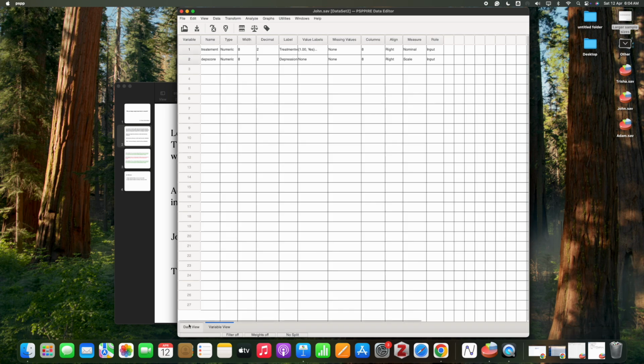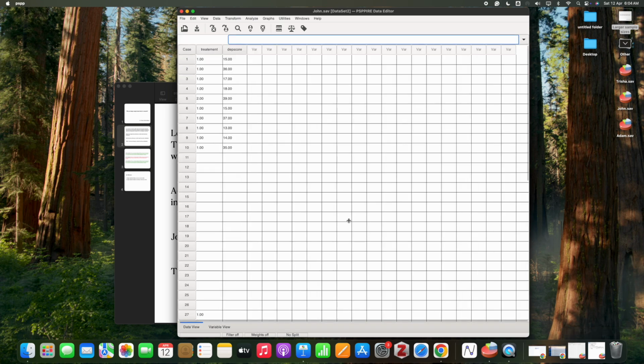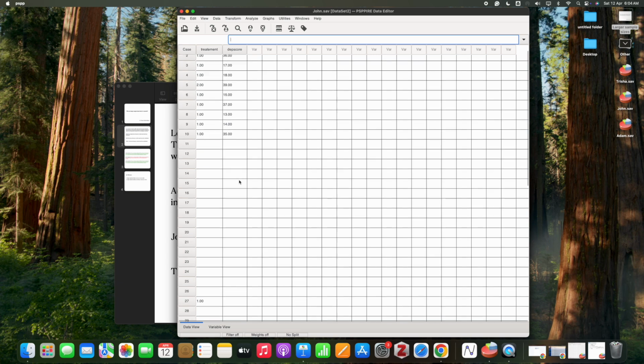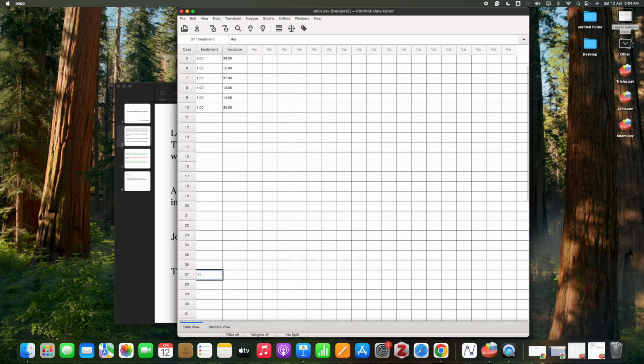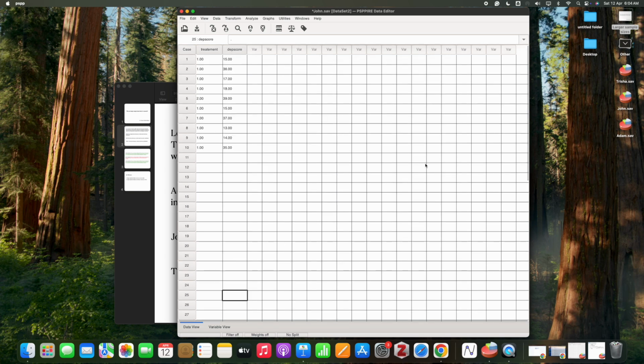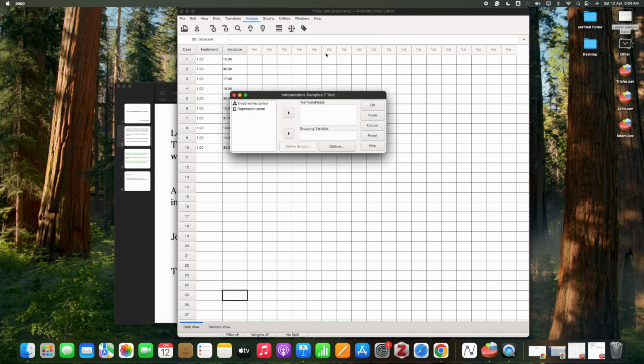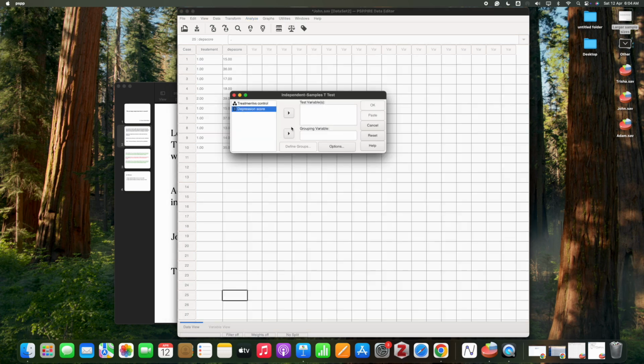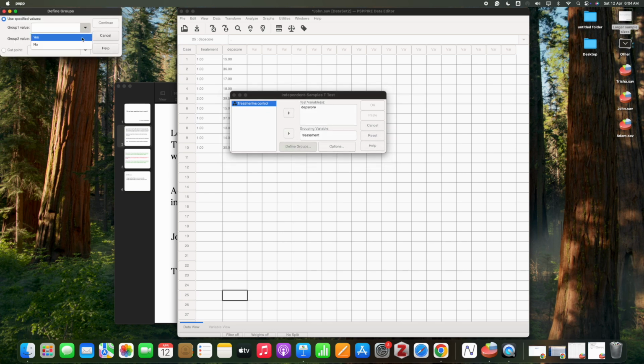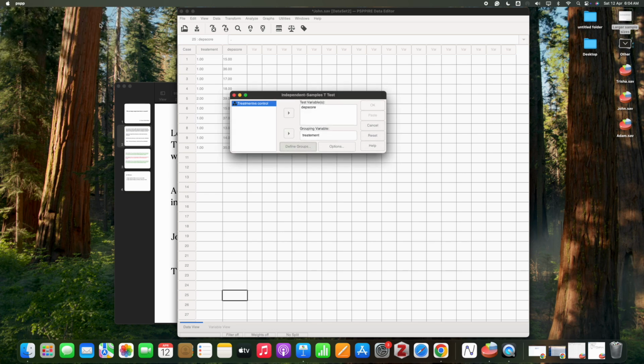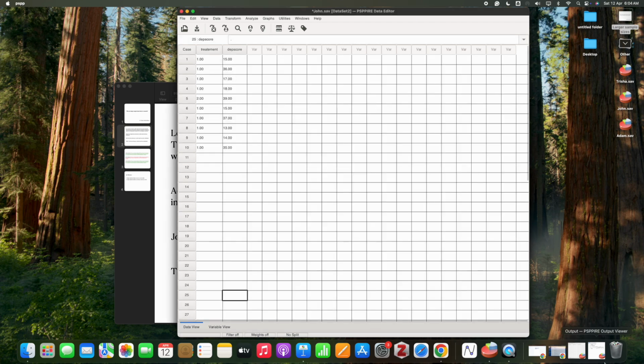So John has a slightly different problem. He only has 10 responses because he doesn't have time and money to collect data from everybody. So what does John do now? John carries out the same test. He goes to compare means, independent sample t-test, and he selects the treatment group. He does the same thing but with a smaller sample size. And what kind of results does he get?